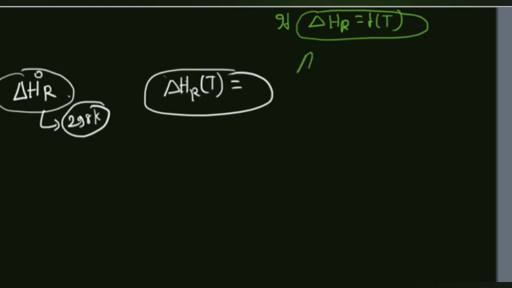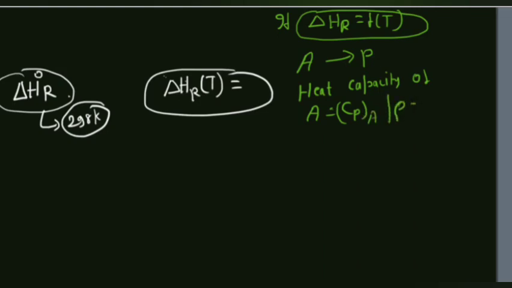Just assume a reaction A is getting converted into P. Now understand, I am assuming the heat capacity of A is Cp of A, and the heat capacity of P is Cp of P. I think it's clear to all of you. Now understand how we calculate.